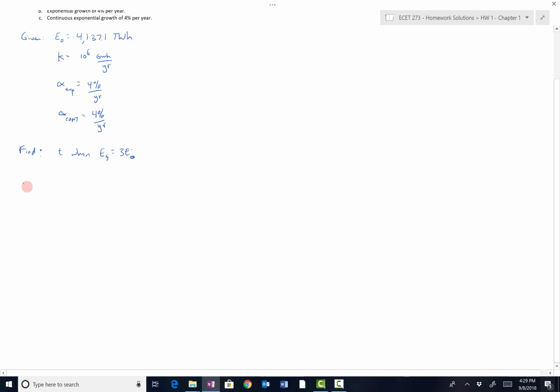The solution to this is just to apply the growth rate formulas from the text. The linear growth rate formula, which we'll use in part A, is Q equals capital K times T in years plus Q0. In our case, that's E final is equal to K times T plus E0.